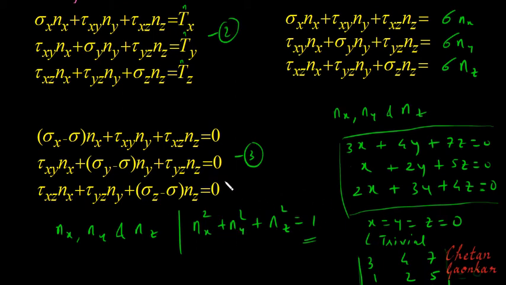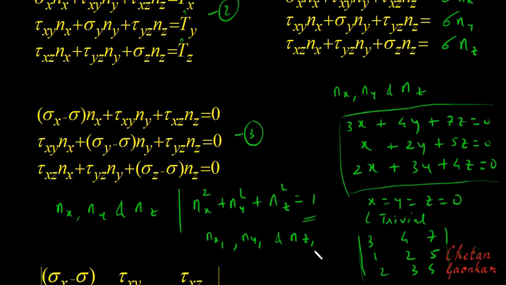And then once we solve these three equations, we should be able to get nx1, ny1 and nz1, which tells us that these are the direction cosines for sigma 1. For the first principal stress sigma 1, the orientation of its principal plane will be nx1, ny1, nz1, which we will get from this equation.